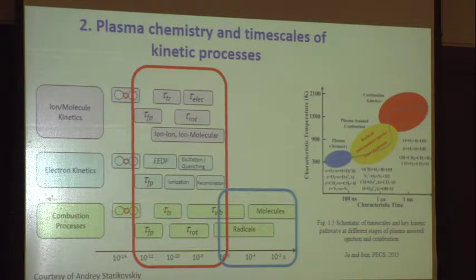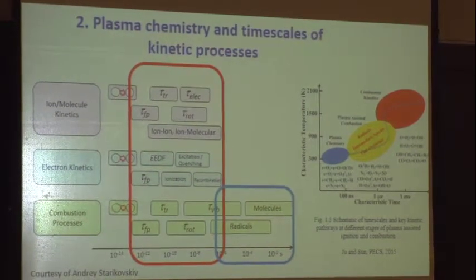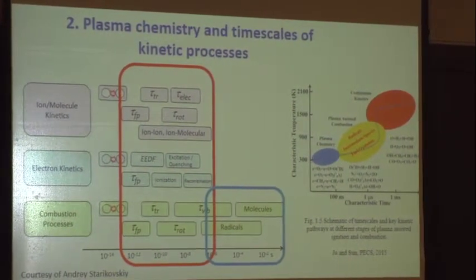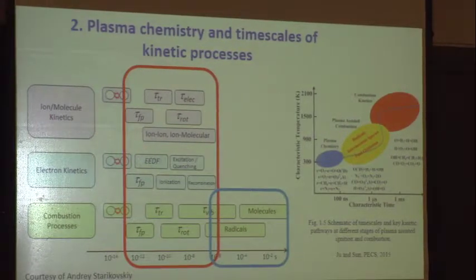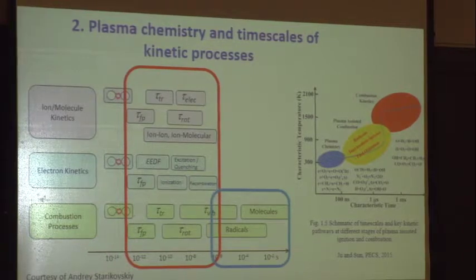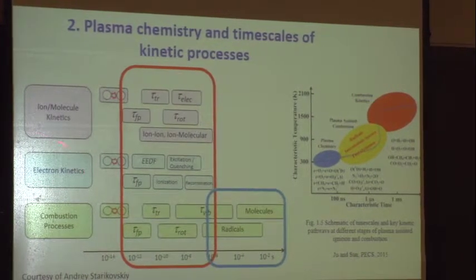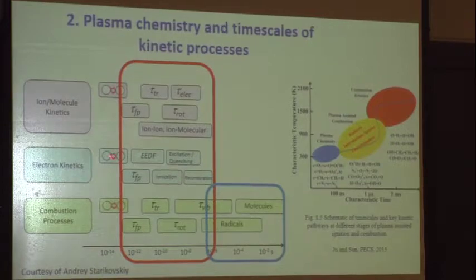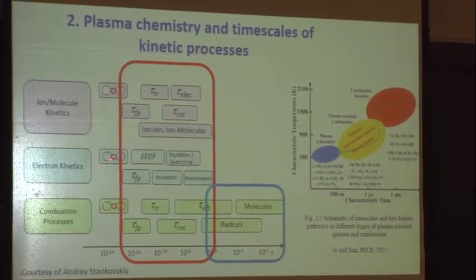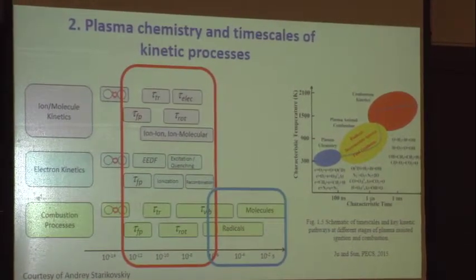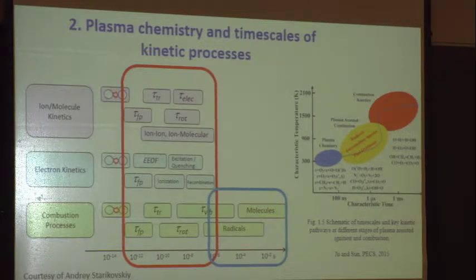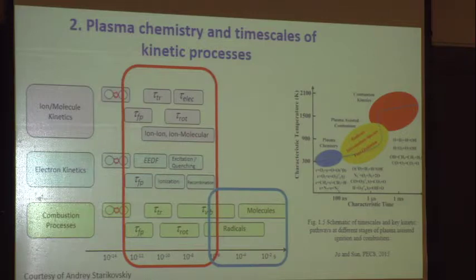This is a slide shared by Andrei Starikovskiy. He basically plotted what plasma chemistry is, depending on the process. Looking at the electron kinetics, electrons are generated through the ionization process, and these electrons are accelerated in the plasma until they collide with molecules and change energy.